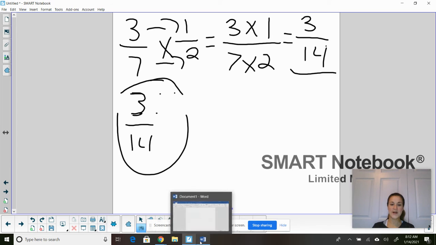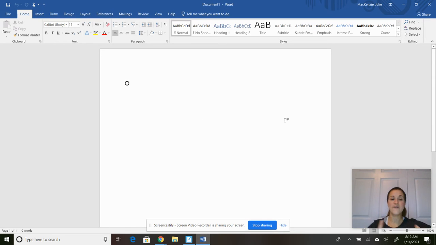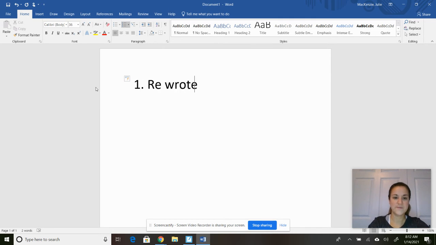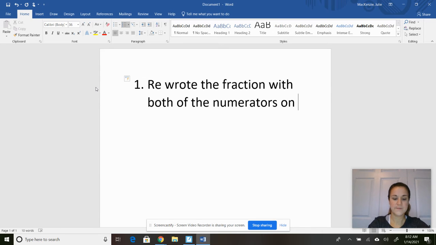So let's go ahead and type this out so you can see it. The first thing we had to do was rewrite the fraction. So step 1, let's make this bigger so you can actually see it. Step 1, you rewrote the fraction with both of the numerators on top and denominators on bottom.